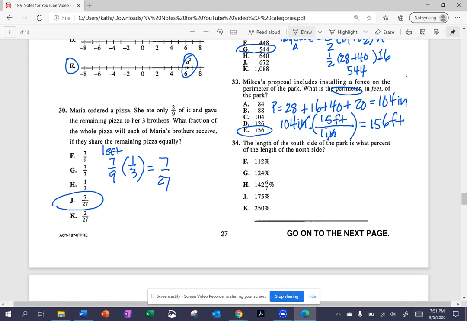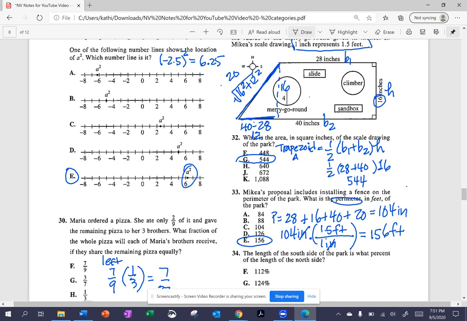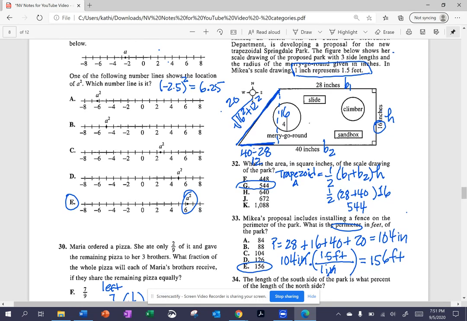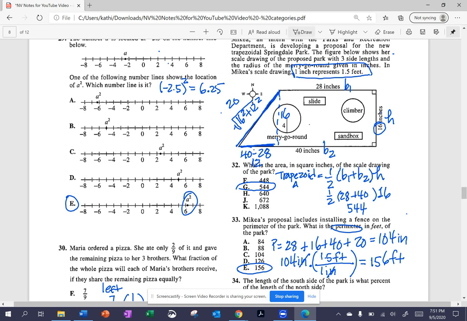Number 34. The length of the south side of the park is what percent of the length of the north side of the park? So I have a compass here. My south side is 40 inches. My north side is 28.